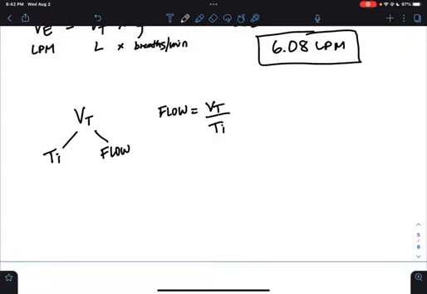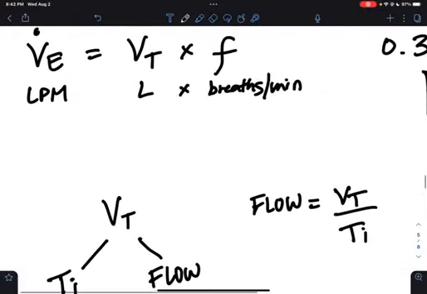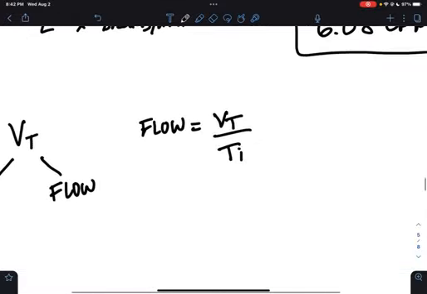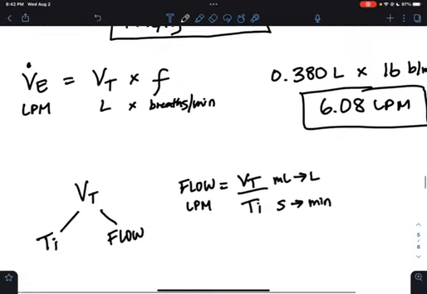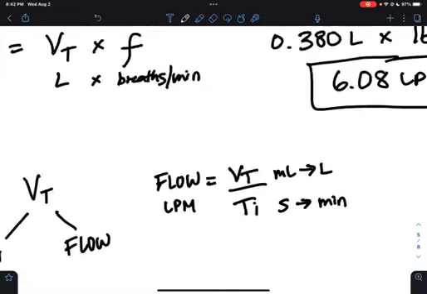Similar to what we did for minute ventilation, flow is liters per minute, so you want to convert tidal volume from milliliters to liters, and I time from seconds to minutes. That's the additional step, because we don't do that for minute ventilation.